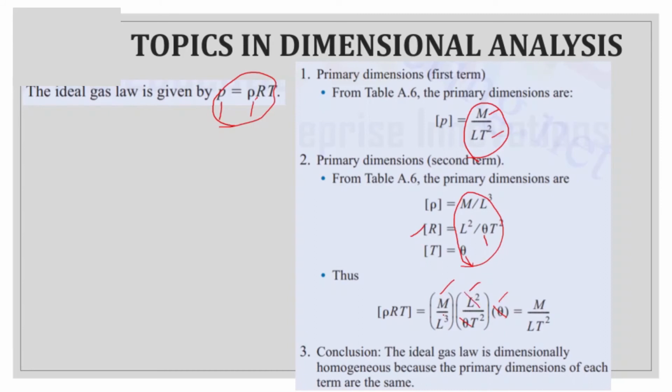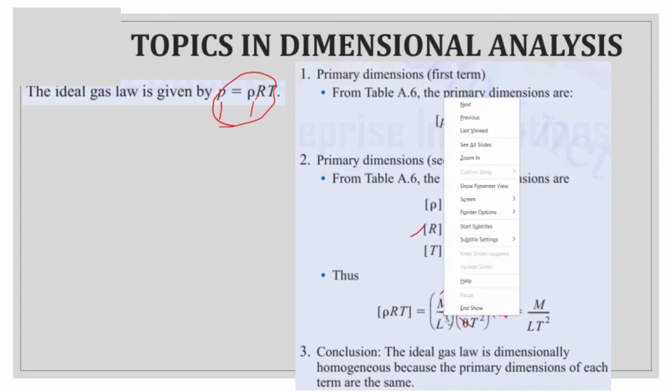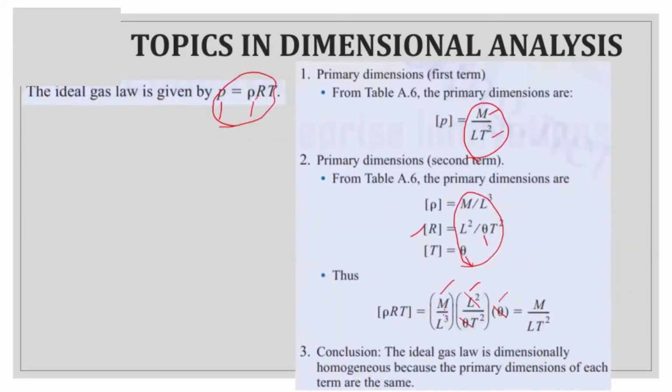L squared cancels out, so what we have left here is L. So the result is M over LT squared, which is homogeneous with P.